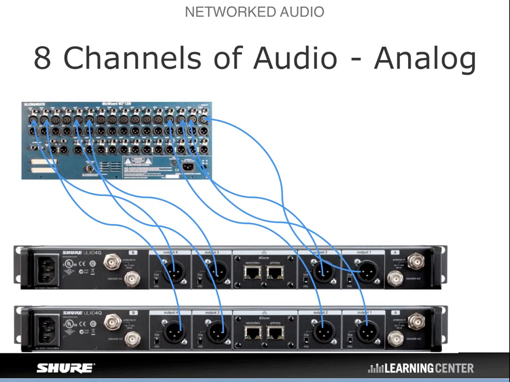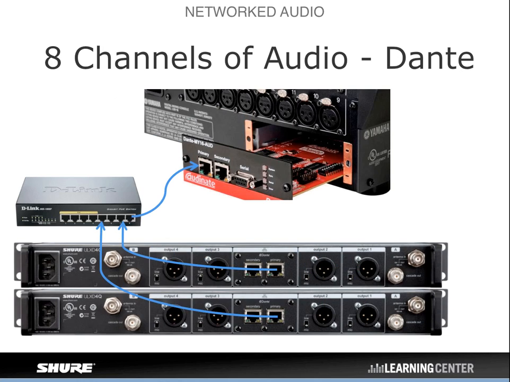And again, the advantage is, you've probably seen this before, it's sort of obvious. Instead of having a dedicated one-to-one path for every single analog mic channel you want to route between your receivers and your mixer, if you've got a Dante-enabled receiver, it's just a matter of taking the digital audio output, which is on the network card of your device, and hooking it up to an Ethernet switch, which your Dante-enabled mixer is also plugged into.